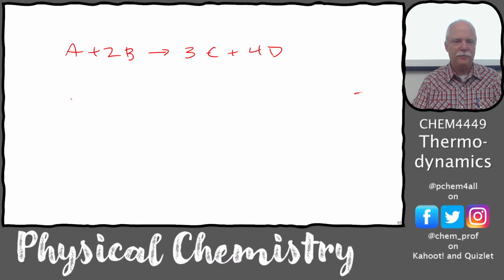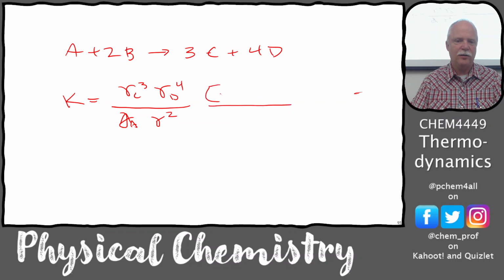So K is obviously equal to the activity coefficient for C cubed, activity coefficient for D to the 4th power over the activity coefficient for A. So it looks the same as the concentrations, but the concentrations are also there. C cubed D to the 4th. I made this way too complicated, but it gets the point across really well.